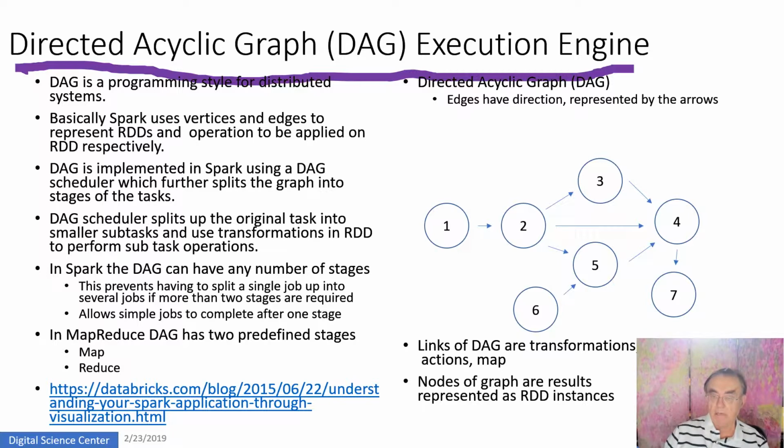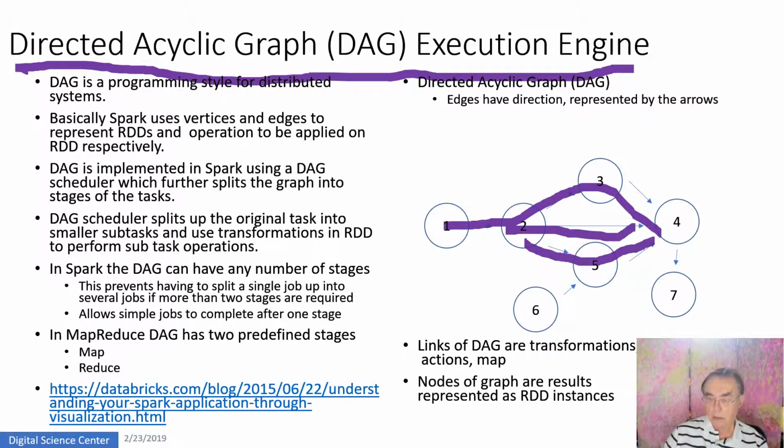So here we have just things flowing, and this supports this flowing of data through nodes. Nodes are where things happen. That's where RDDs are created and things like that.